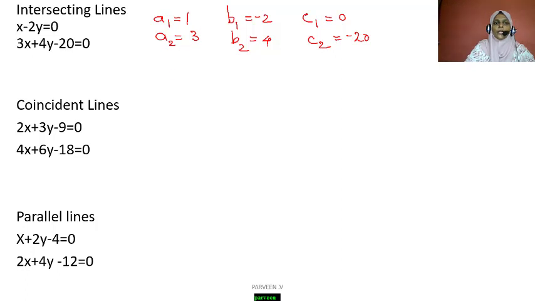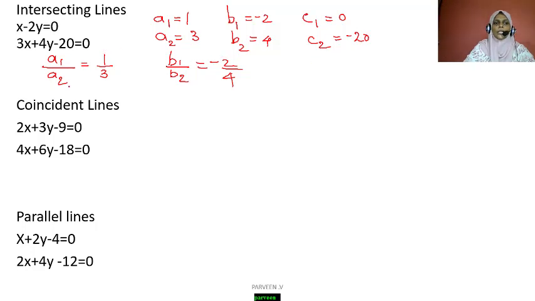Now we will find a ratio between them and try to see if a relation is possible. When I find a1 by a2, I get 1 by 3. When I find b1 by b2, I get the ratio as minus 2 by 4. c1 by c2, 0 by minus 20, is 0 itself.